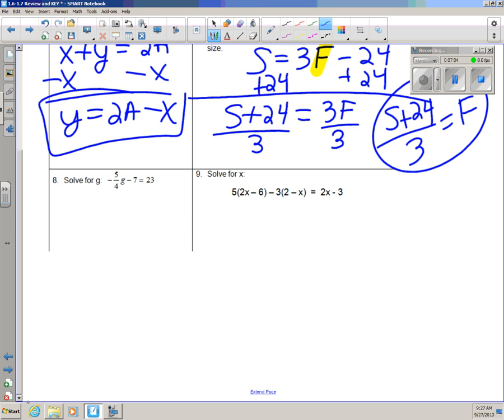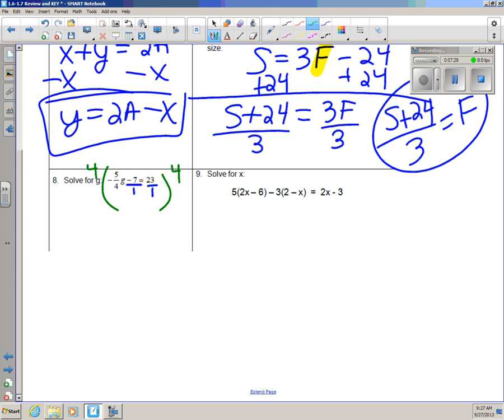Solve for G. Well, there's a couple ways to do it. If I want to clear the fraction first, I can do it that way. I could also make this into a different equation, which looks like a proportion. What I'm going to do is clear my fraction first. So I'm going to put everything over a 1, and my common denominator between a 4, a 1, and a 1 is just a 4.